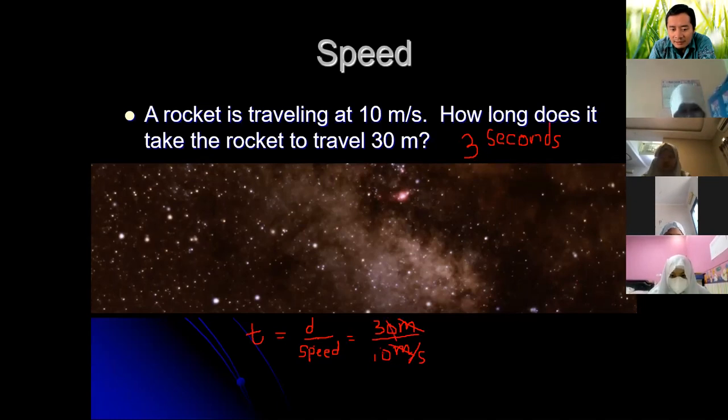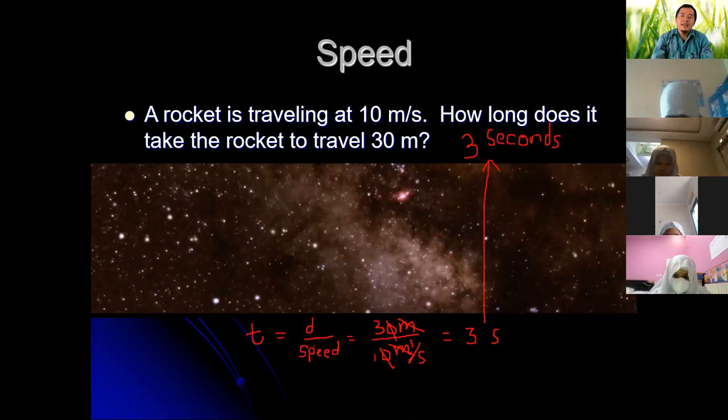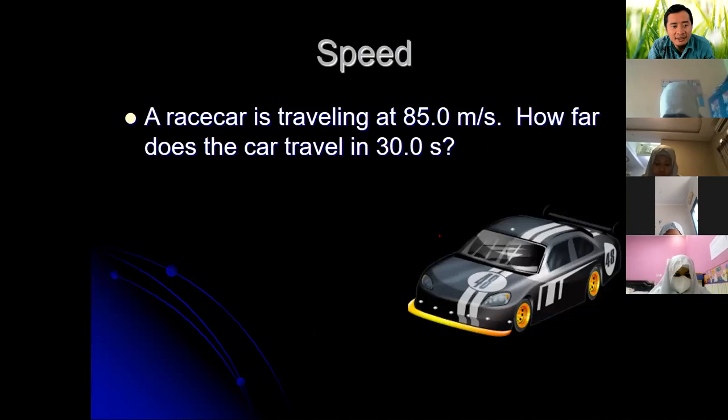The zero we can reduce, it becomes 3, and then this is a per s. If 1 per s, it becomes s or second, like this. Yeah. Thank you, Mbak Zafira and every student that has joined.